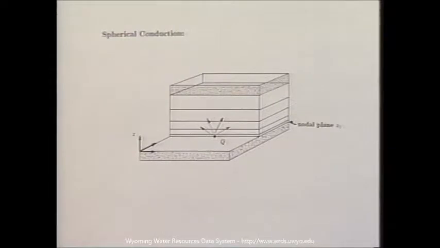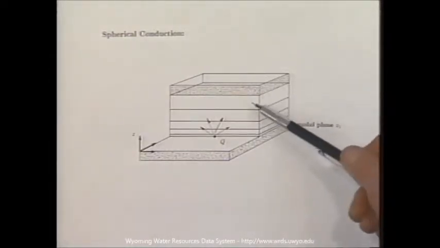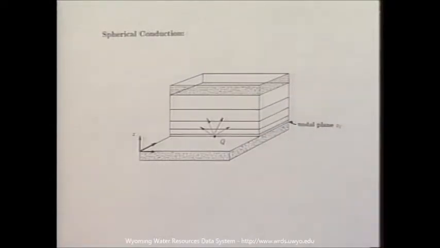The second problem that I will look at numerically is the spherical conduction problem. This is a little more complicated. Once again, I'm going to assume that the aquifer has a single hydraulic conductivity. Once again, impervious layers on the top and the bottom.